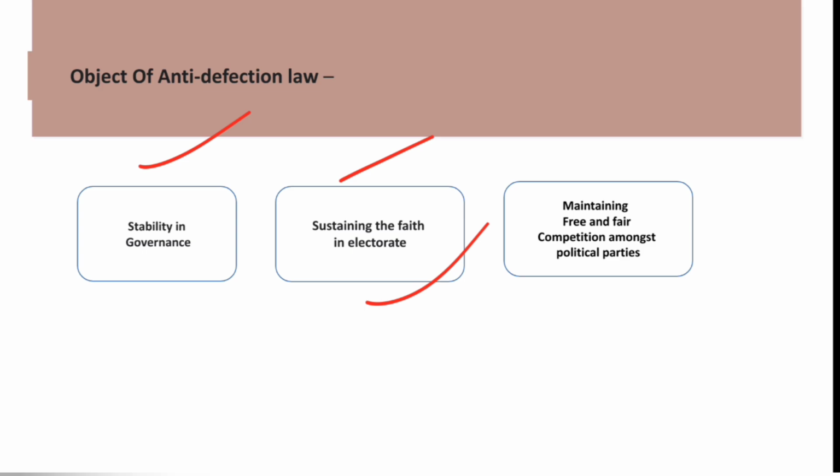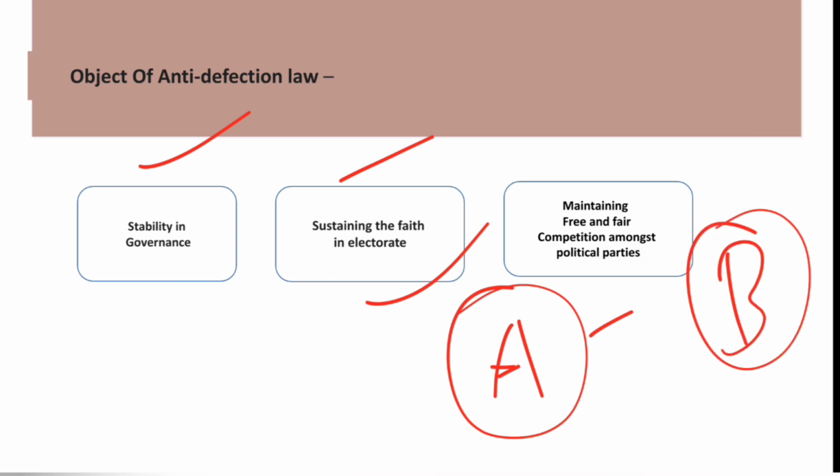And so ultimately, what if the people of the country voted to support A party, and then some of the members of A party join B party, making successful formation of B party government?